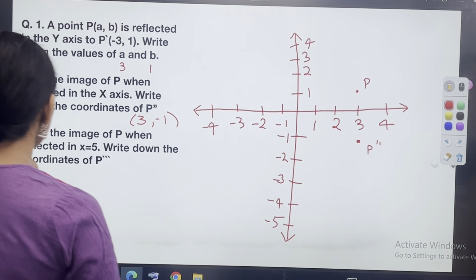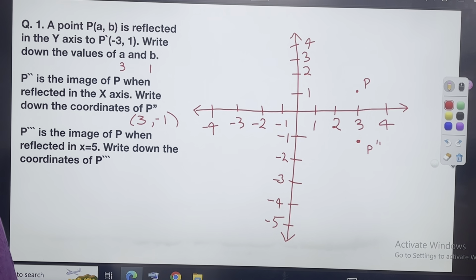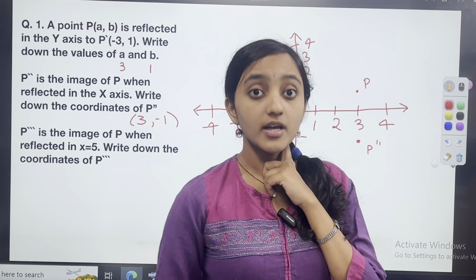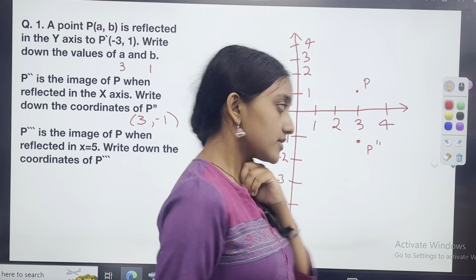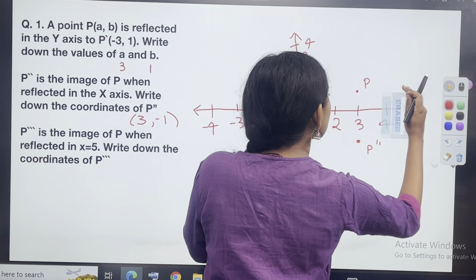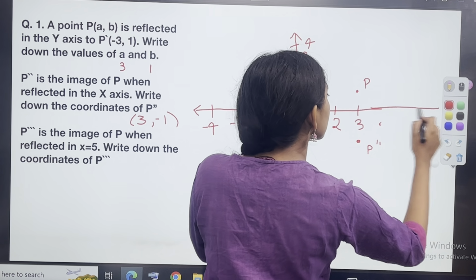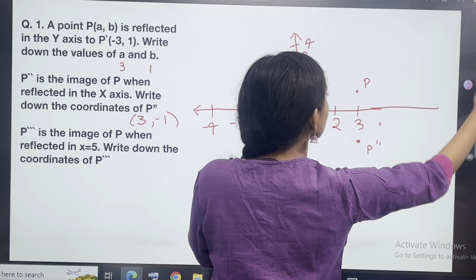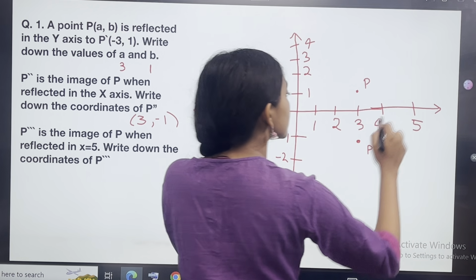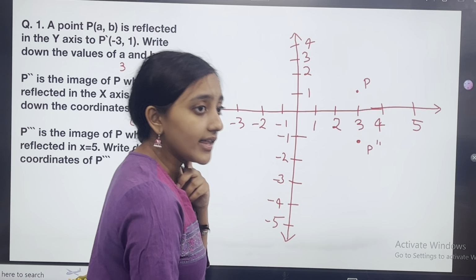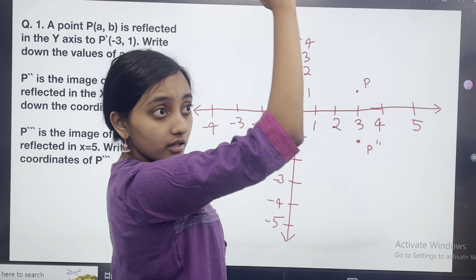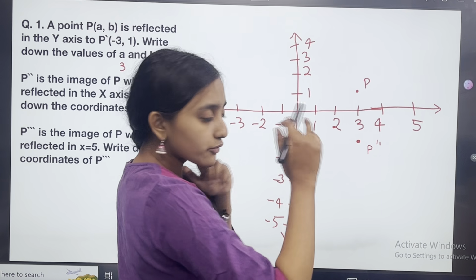Okay. Then P triple dash is the image of P when reflected in x is equal to 5. Now, what is x is equal to 5? X is equal to 5 basically means go to the x-axis and see where 5 is and then draw a line along 5, because the entire line will be x is equal to 5.